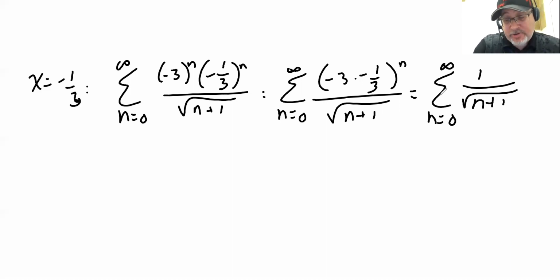Notice this is not an alternating series. It did have an alternator, but we threw in another alternator, and they basically merged and said, we're not alternating anymore. We're always positive 1. So we can't use the alternating series test. There's a variety of things we could use. We could use the integral test. We could use the comparison test. We could use the limit comparison test.